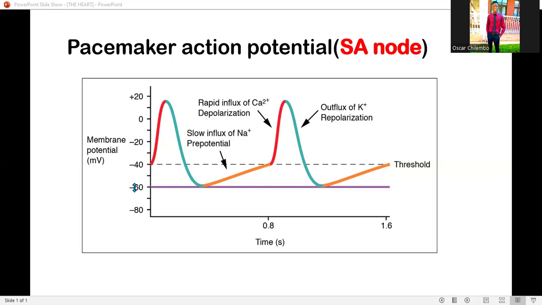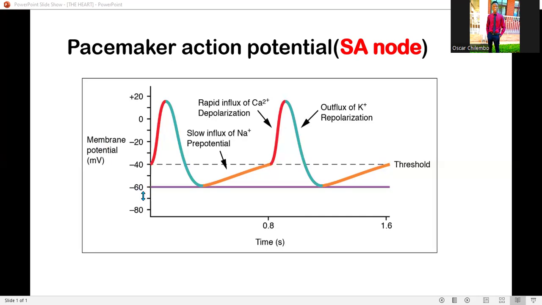Remember, the resting membrane potential of the neuron of a nerve is negative 70 millivolts. At that point, nothing is happening. We are also going to describe the action potential of the myocardium. The myocardium muscle of the heart is around negative 90 millivolts. These are important MCQ questions in medical physiology that you must know.